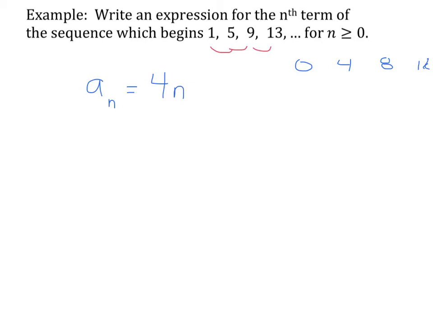When we look at our sequence, all of my numbers are 1 bigger than that. So a sub n equals 4n plus 1. It's almost like saying my first term is 1, and I'm adding on a difference of 4 each time. It might have been better to start by saying my first term is 1, and I'm adding 4 times however many terms I'm looking at.